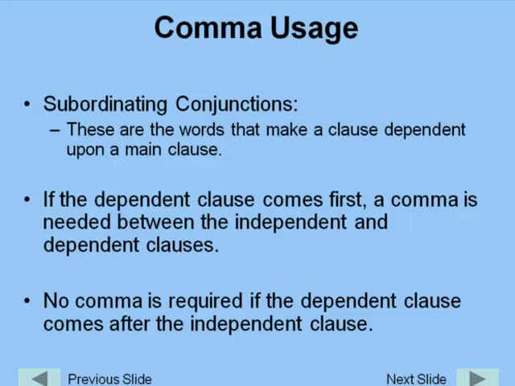So in this first one, the dependent clause comes first, and notice that that is itself a dependent clause. If the dependent clause comes first, a comma is needed between the dependent and independent clauses. So you'll see that there's a comma right there, and the second part is the independent clause.